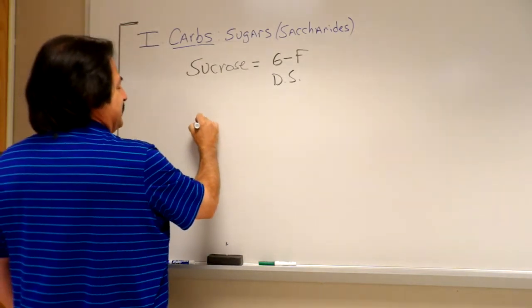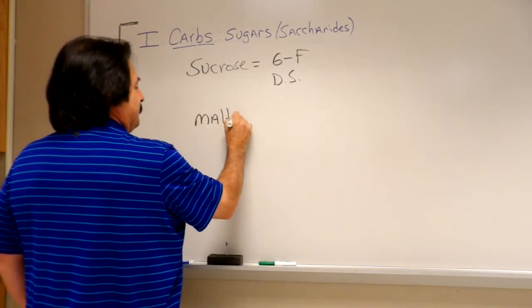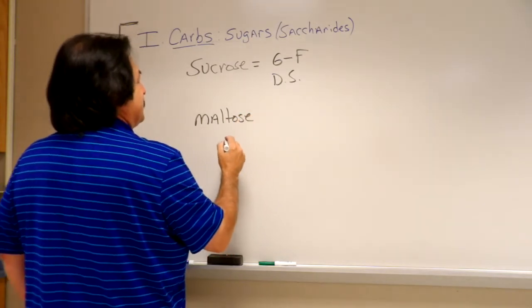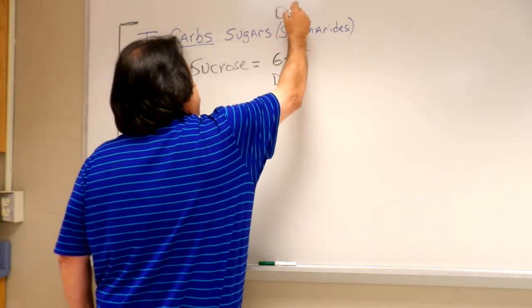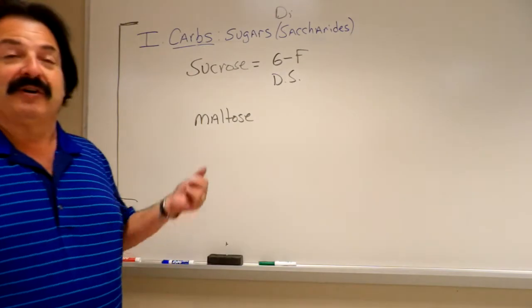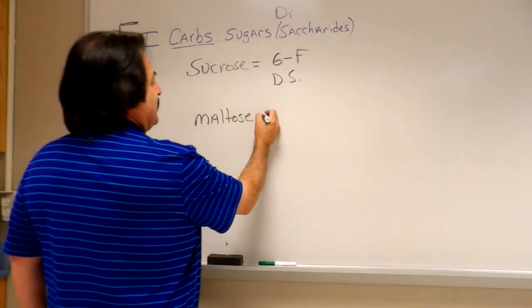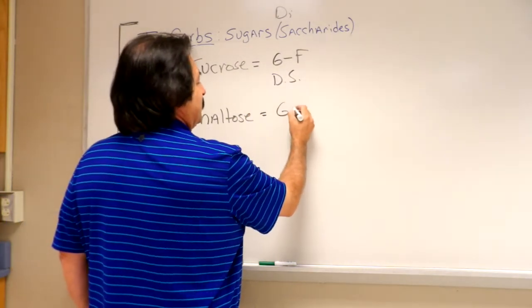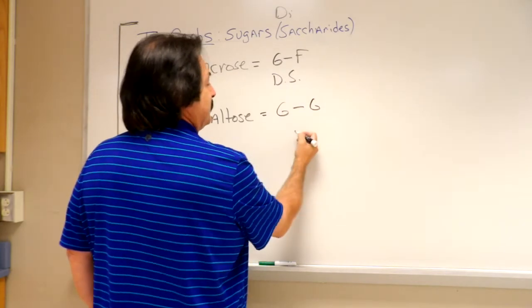The last one is maltose. Maltose is another disaccharide made from two monosaccharides, but this part is glucose bound to glucose.